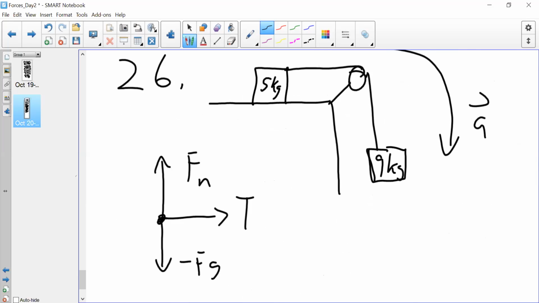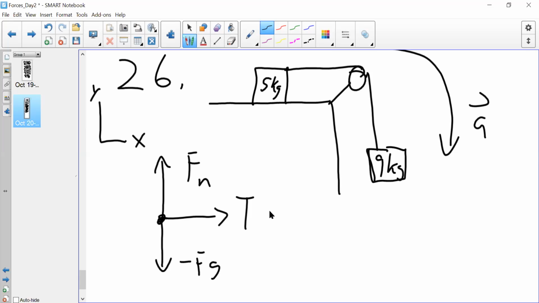So again, our perspective, x, y. And I like to have my system acceleration be positive a on the positive x-axis, indicating the direction of the acceleration in the system. So this is T. All forces moving in that direction, moving with the acceleration, are going to be positive forces.